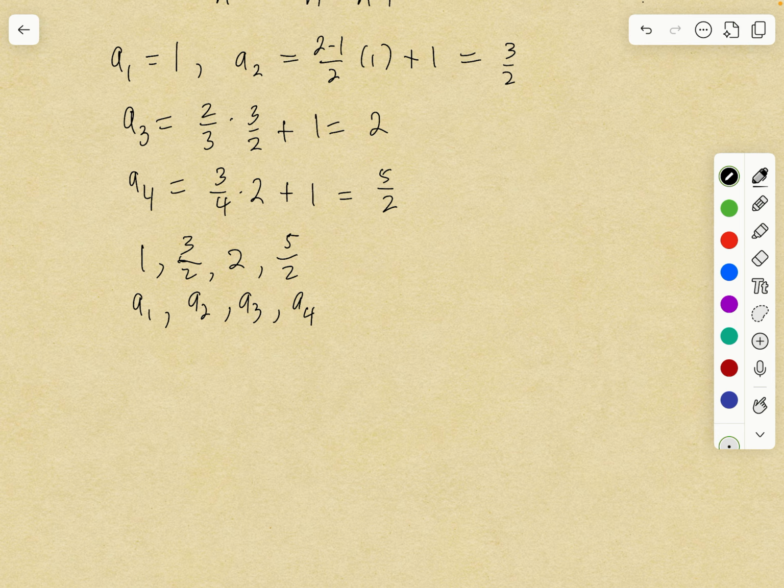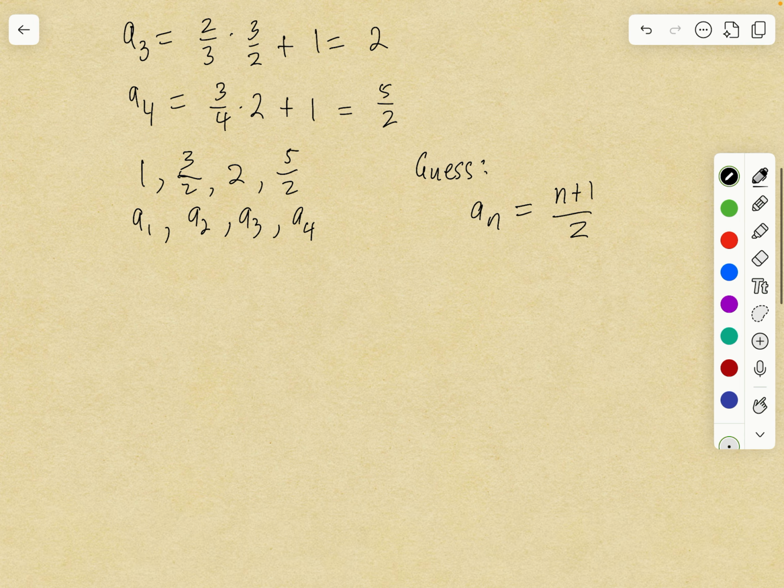One guess would be that a sub n is (n plus 1) over 2, because at least it works for the ones that you've tried. That doesn't prove that this works for all n, but this is a reasonable guess.